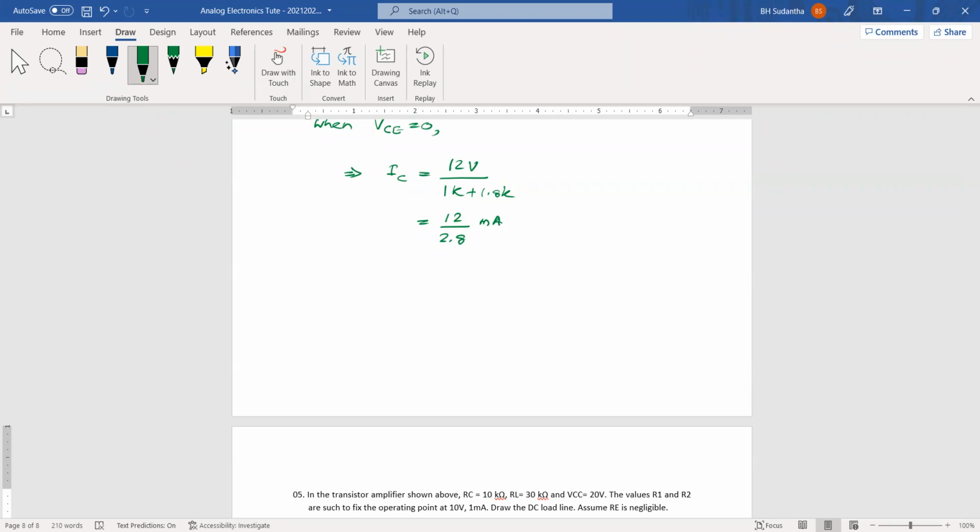Then 12 divided by 2.8 is 4.28, and we can take it as 4.29 milliamperes.